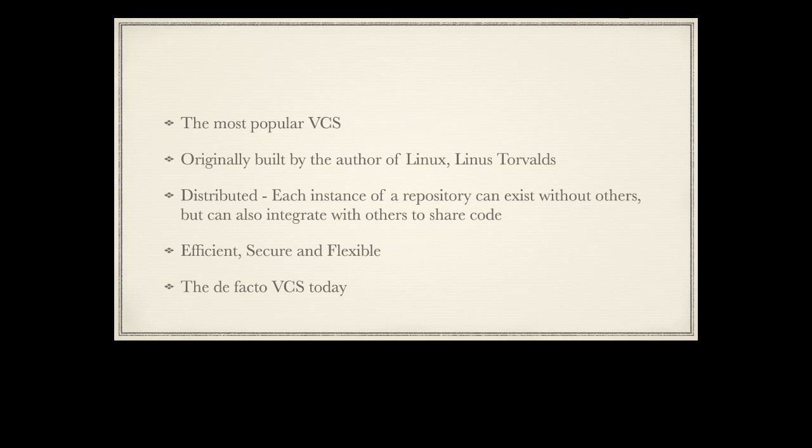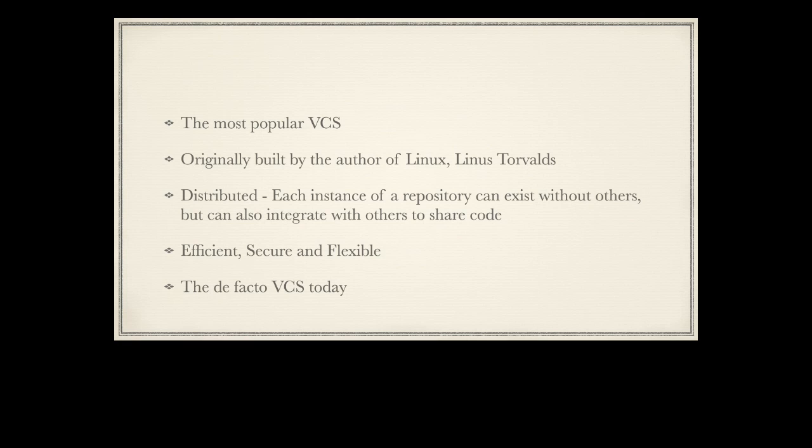Okay, so what's Git? I just gave a brief description of what version control systems are generally. Now, since we will be discussing Git today, I think we should take a look at what Git is. The strongest point here is that Git is the most popular version control system.